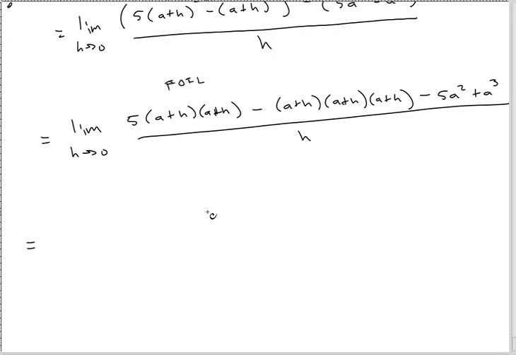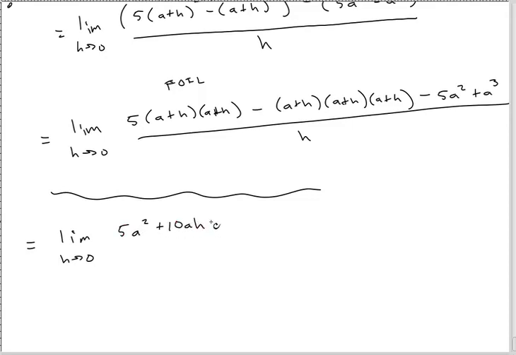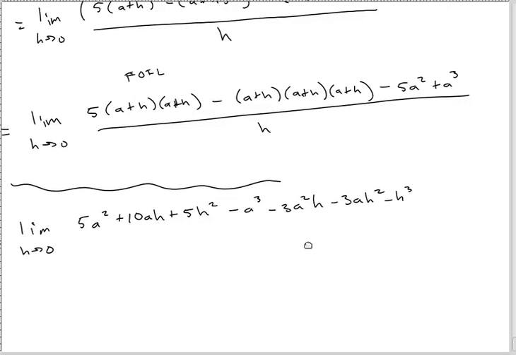What I'm going to do is skip ahead. So, basically, I get 5a squared plus 10ah plus 5h squared minus a cubed minus 3a squared h minus 3ah squared minus h cubed, minus 5a squared plus a cubed, all divided by h.